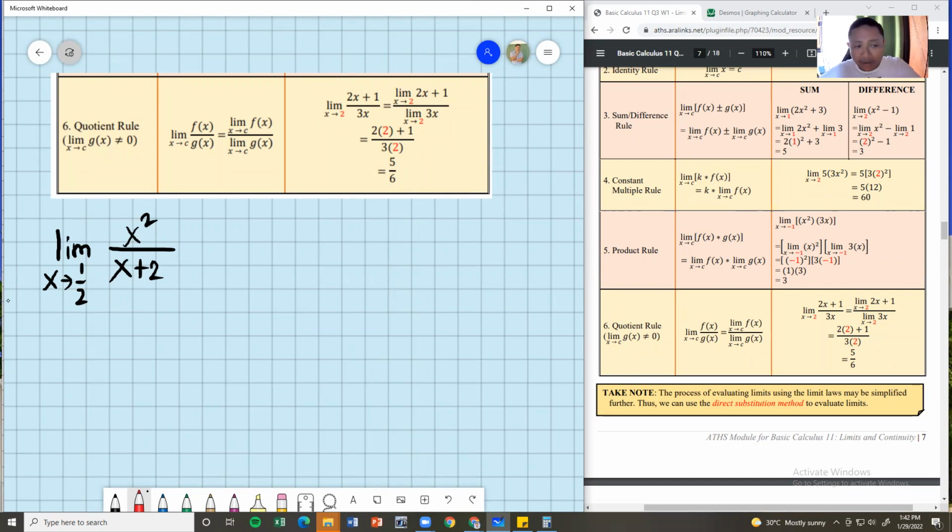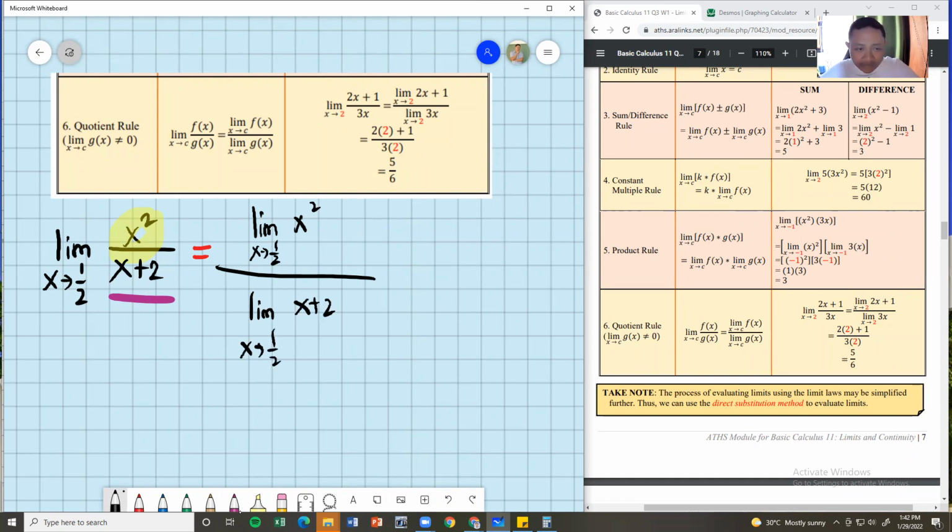Let's have this. Of course, this is quotient rule kasi naka-division ka. This will be expressed as, pag-iwalayin. Let's start first with our numerator. So this will become the limit of x squared as x approaches 1/2 over, next will be your denominator, the limit of x plus 2 as x approaches 1/2.